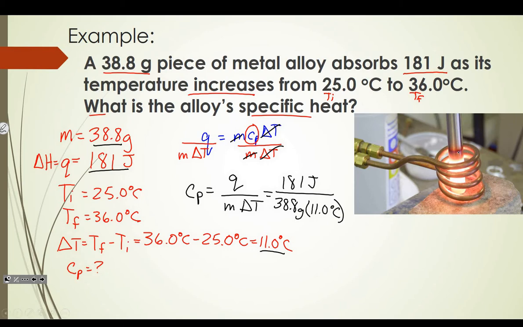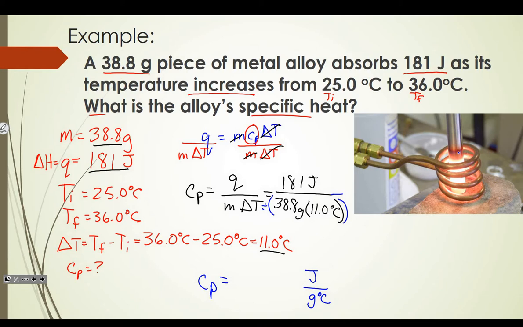But I need to remember when I hit that divide sign, that whole thing on the bottom needs to be in parentheses. And we'll end up with Cp. None of the units cancel, so I'm going to have joules divided by grams degrees Celsius as the unit.